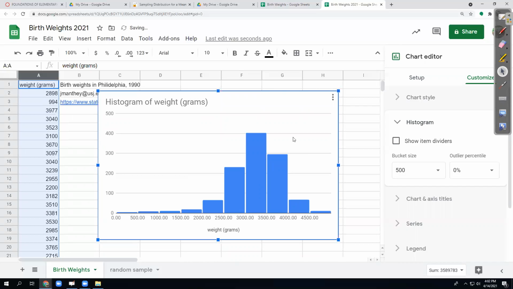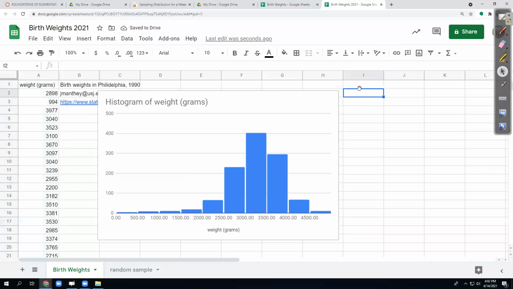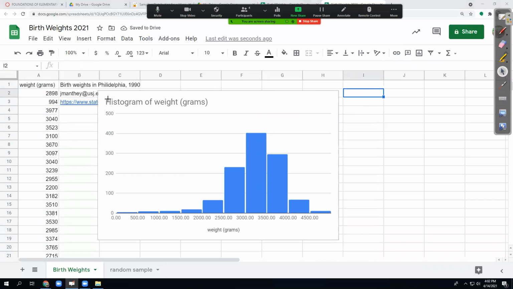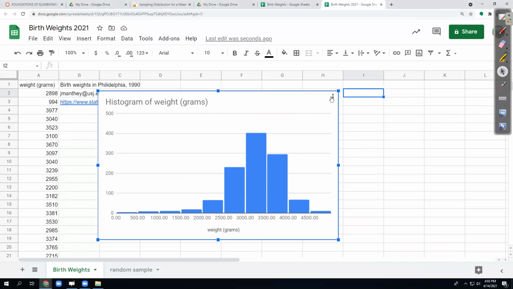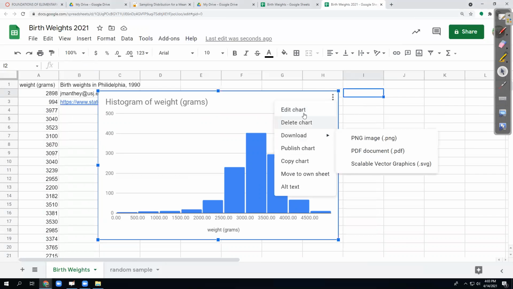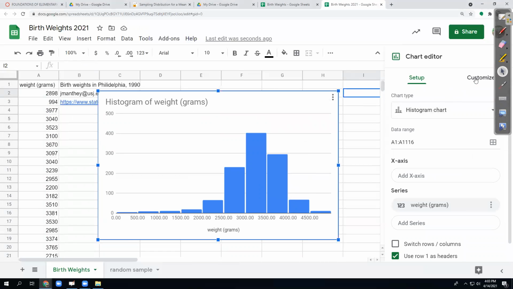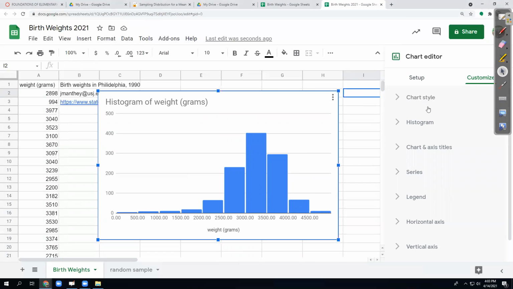We did that last week a bit. So I need a screenshot, and I guess I need a better title before I do that. So let me improve this graph a bit. Edit, customize, titles.